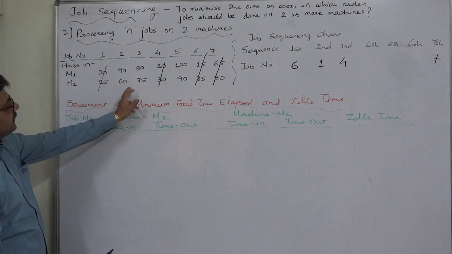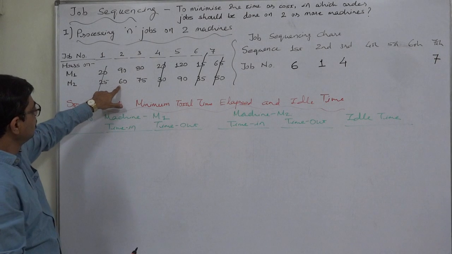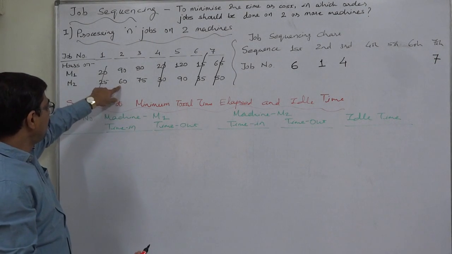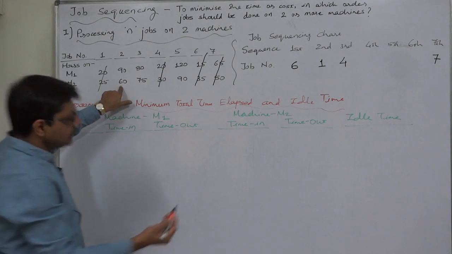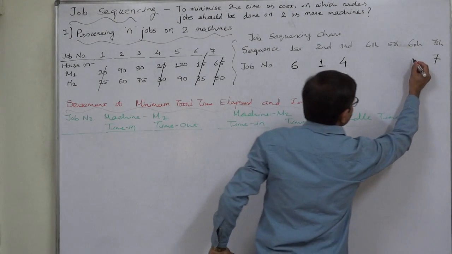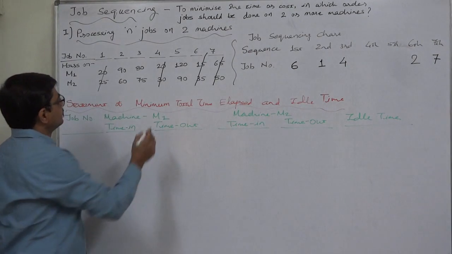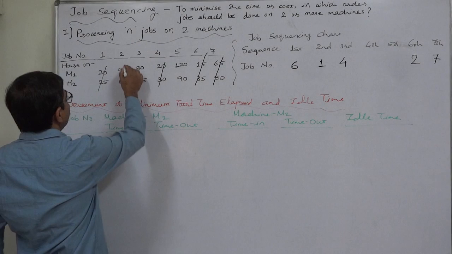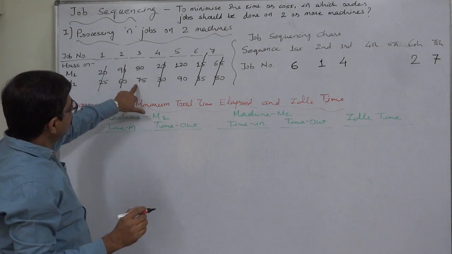Now for the remaining 3, the lowest time is 60 in job 2, which is on machine 2 again. So we are going to place it on the right hand side, job number 2 in the 6th order.